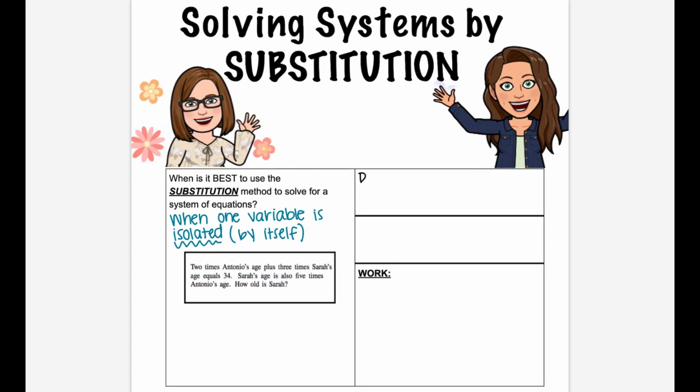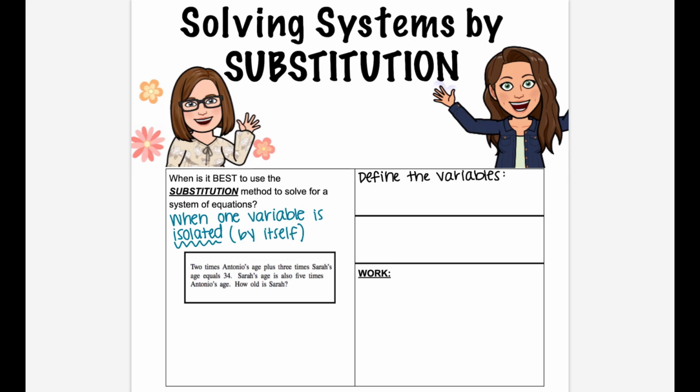So first, we want to define our variables. So 2 times Antonio's age plus 3 times Sarah's age is equal to 34. Sarah's age is also 5 times Antonio's age. How old is Sarah?